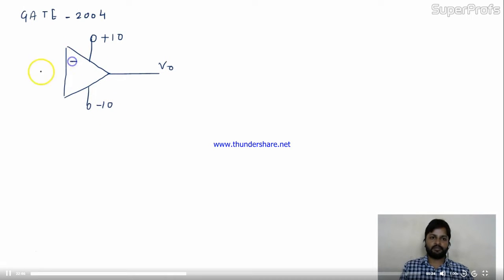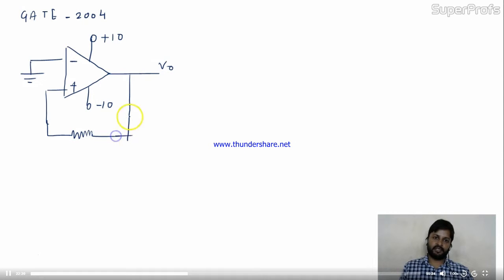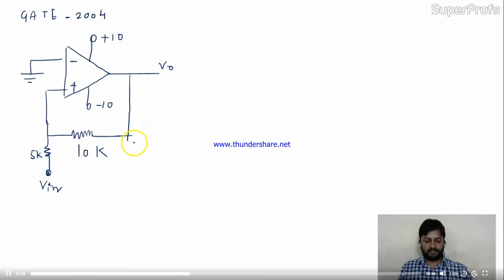The negative terminal is connected with ground. This is the non-inverting terminal. Obviously we take feedback, since it is a non-inverting Schmitt trigger. The output is fed back to the input through 10K, here it's 5K, and this is V in.